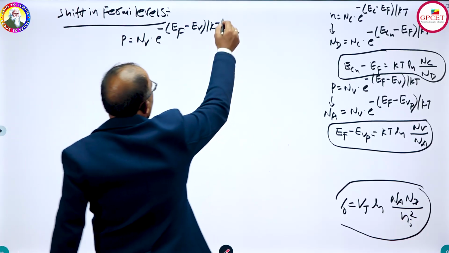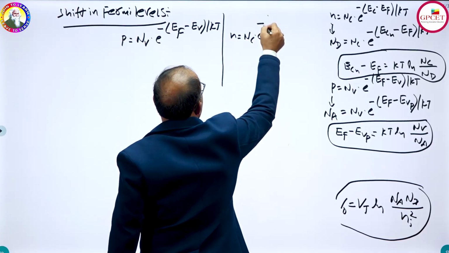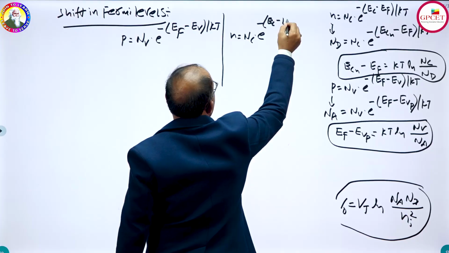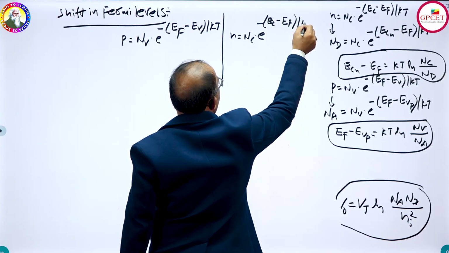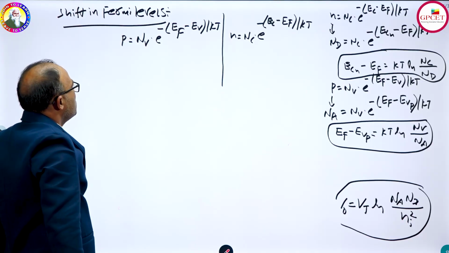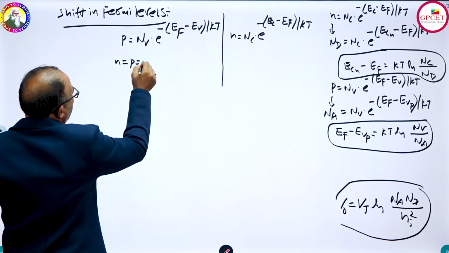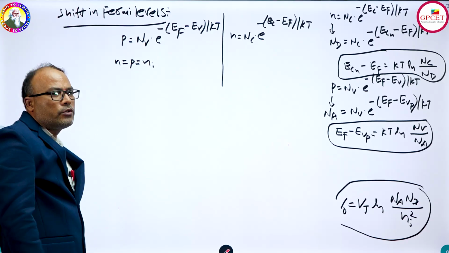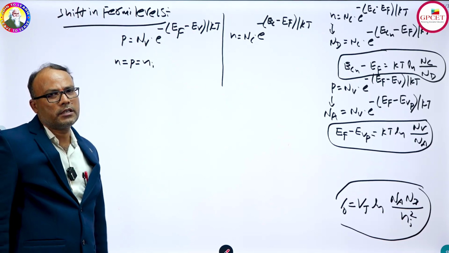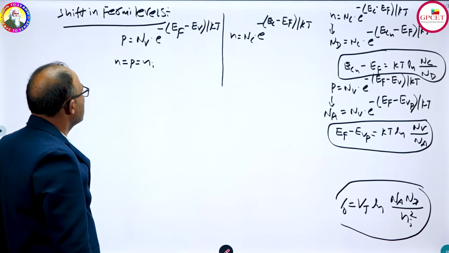And also we have N is equal to Nc into e power minus of Ec minus Ef divided by kT. So from this, as we know, N is equal to P is equal to Ni for intrinsic concentration, because the number of holes is equal to the number of electrons in an intrinsic semiconductor.